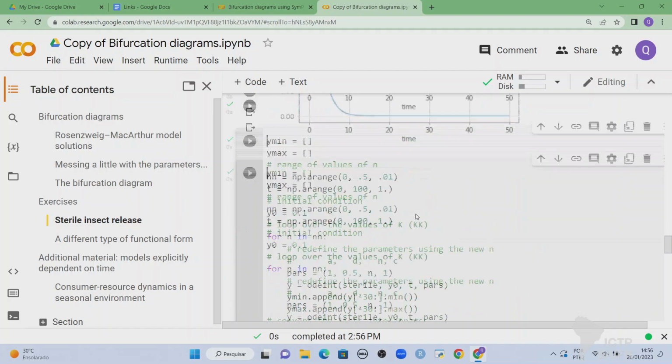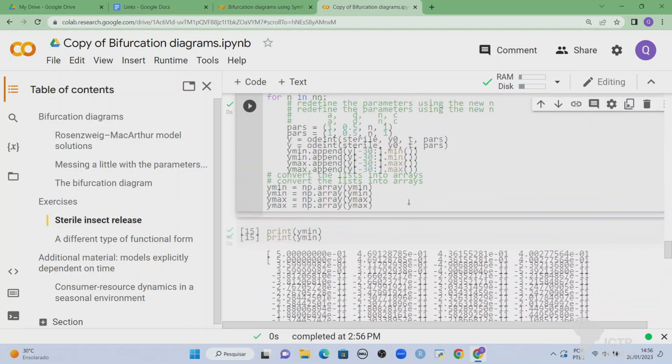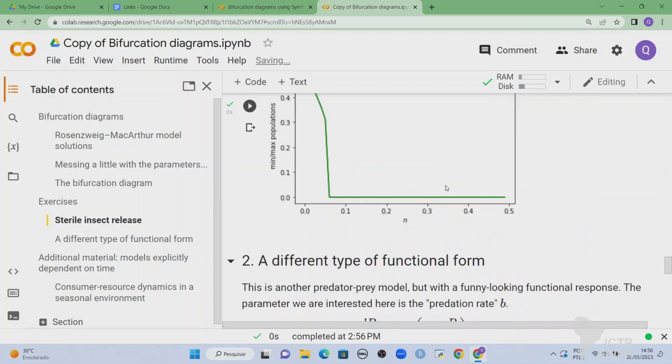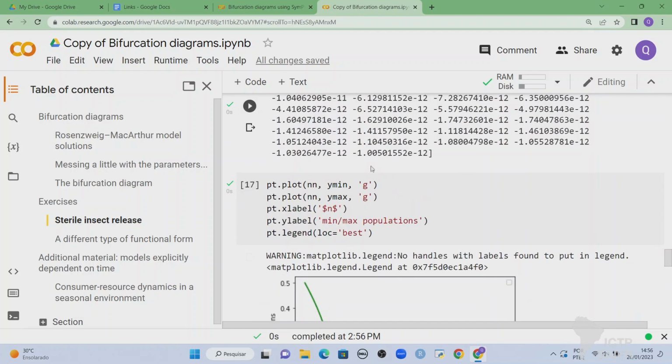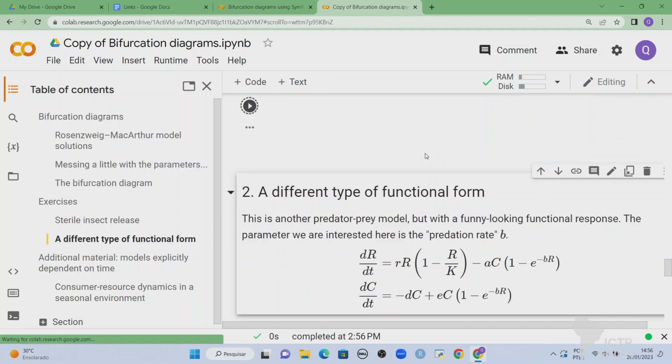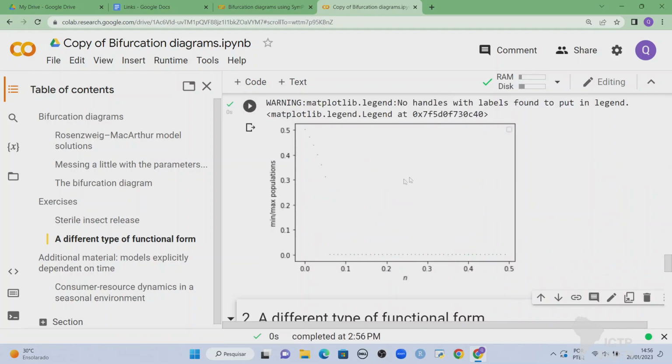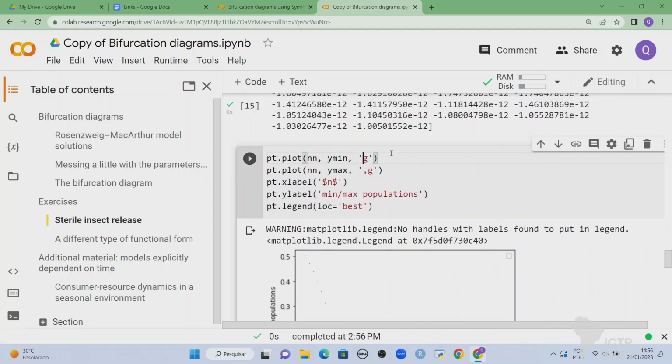Yeah? Okay, so maybe let's redo the bifurcation there because this is kind of weird, right? Going until here and see here that this is a big step, right? If I plotted this with points instead of lines, okay, you would see something a bit weird. Oh, I put a comma instead of a point. Sorry.